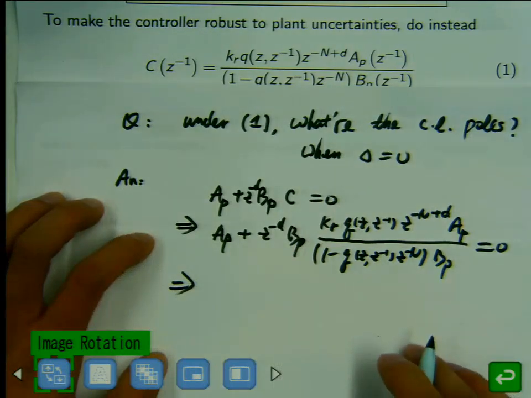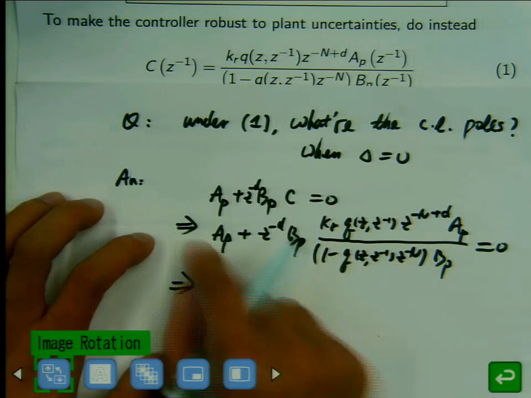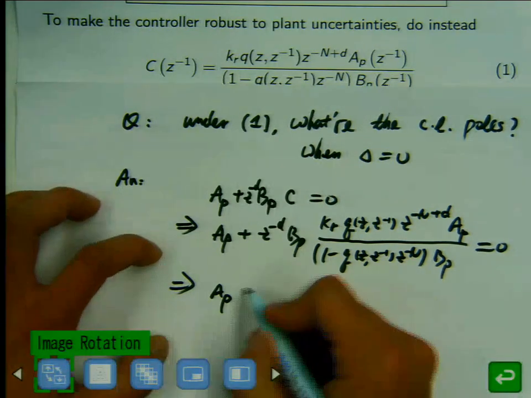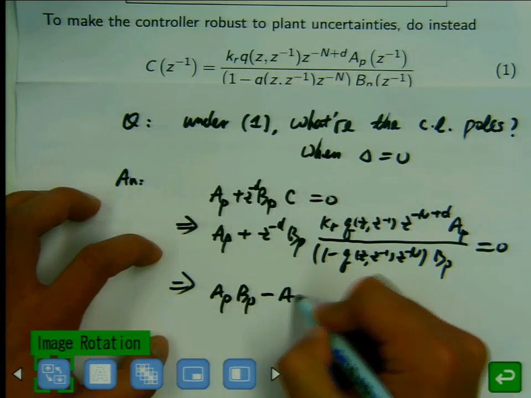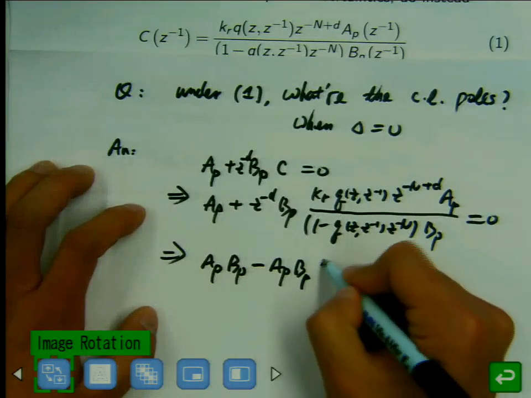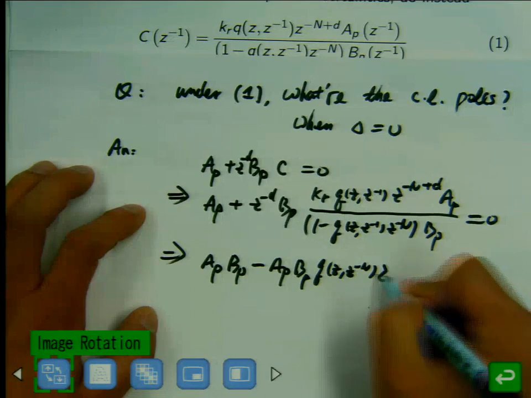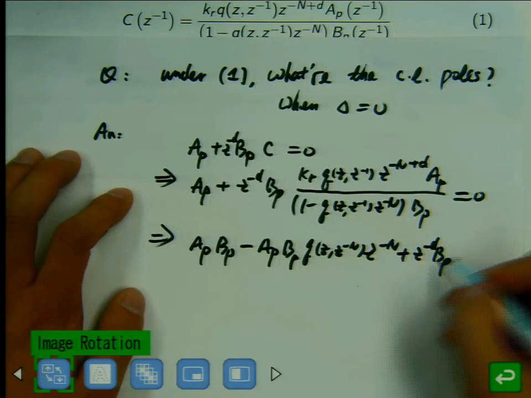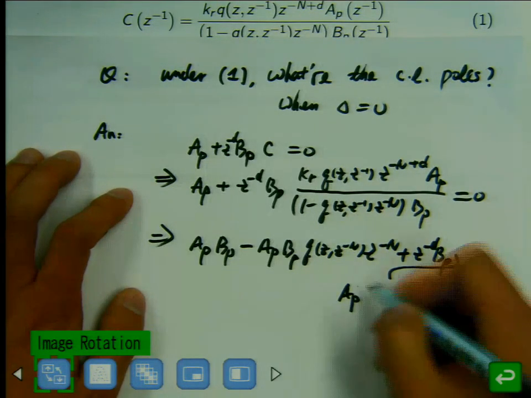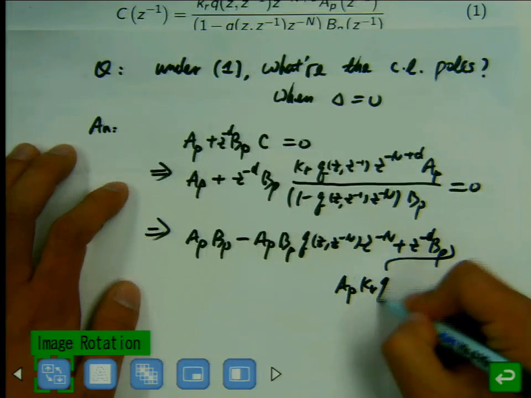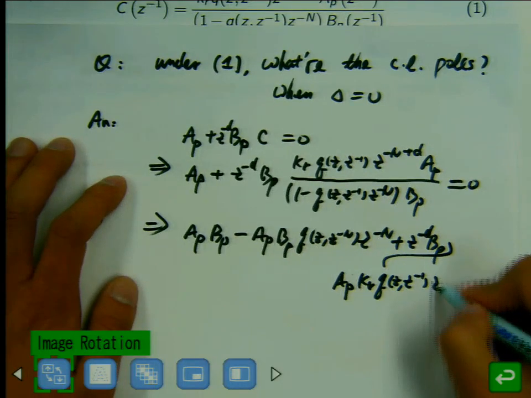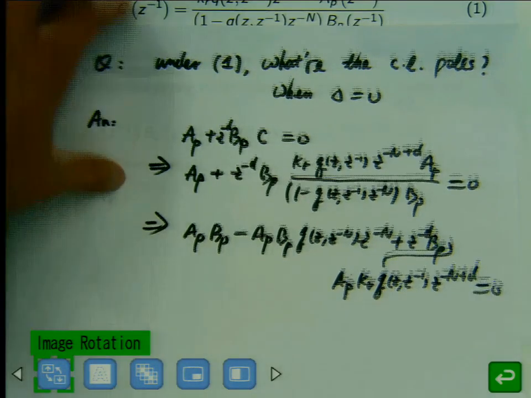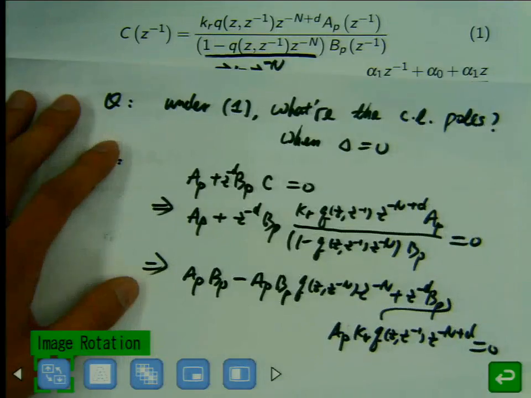So now I'm going to shift the denominator to the left to get AP times this guy, which is going to give me AP BP minus AP BP Q Z negative N plus Z negative D BP AP KR Q Z negative N plus D. Let me see if there are any typos. I think this is correct.